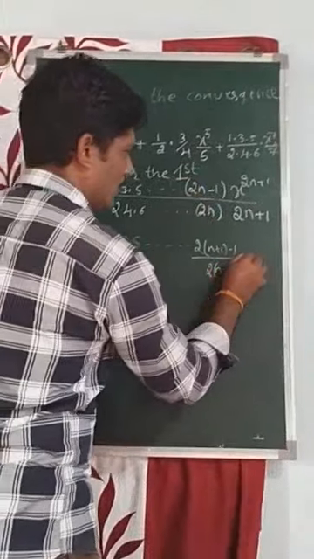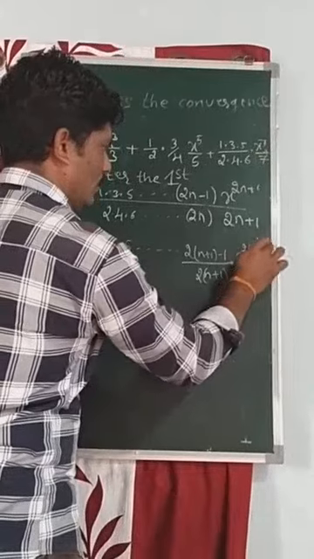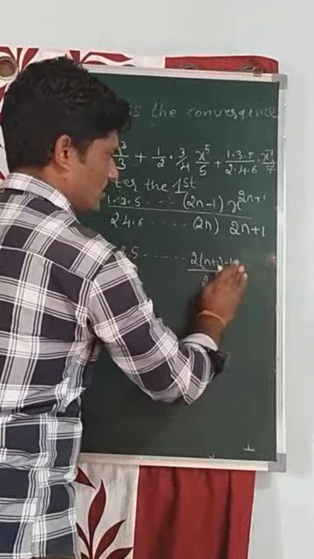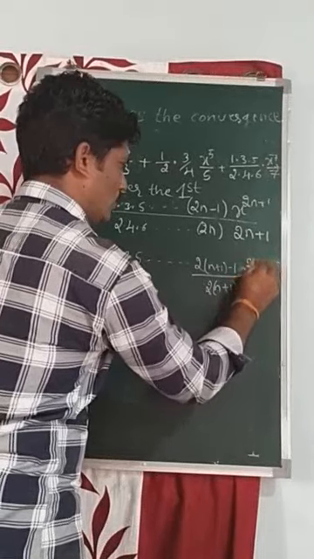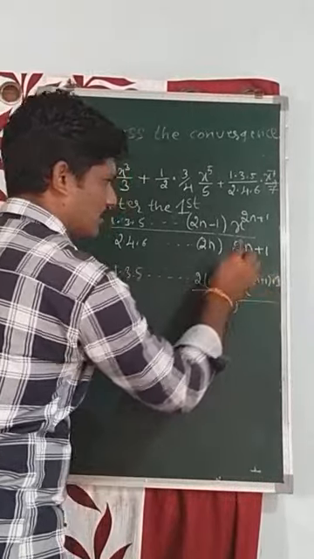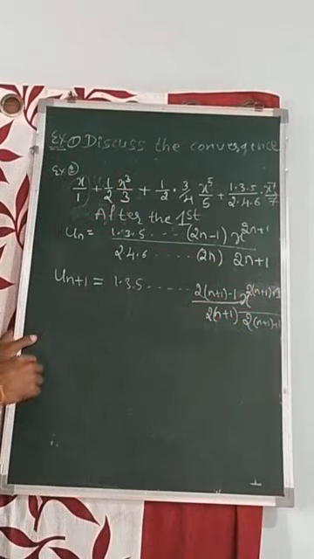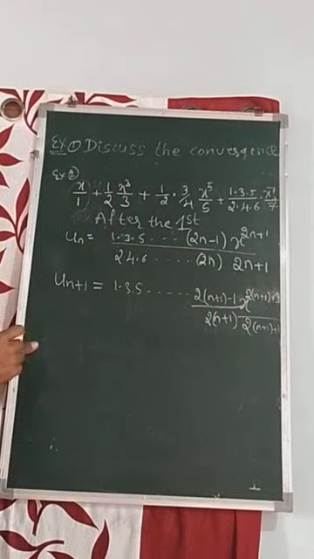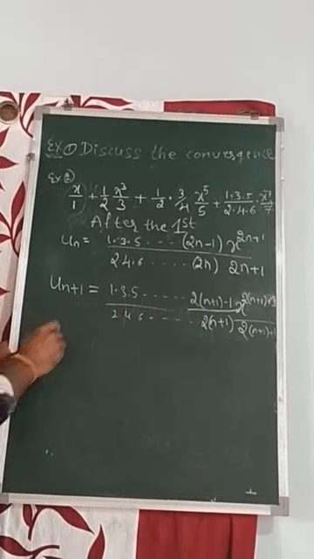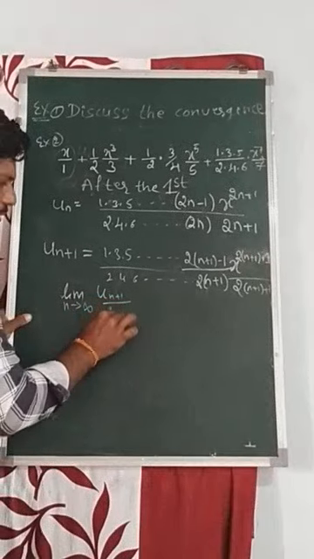Here also x raised to 2n plus 1 plus 1, divided by the denominator 2n plus 1 plus 1. Here also the denominator side is 2 into 4 into 6. Next condition is limit n tends to infinity un plus 1 divided by un.